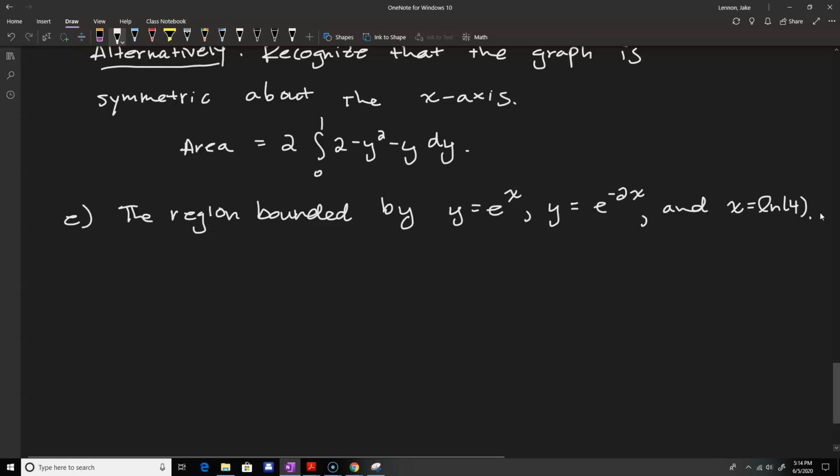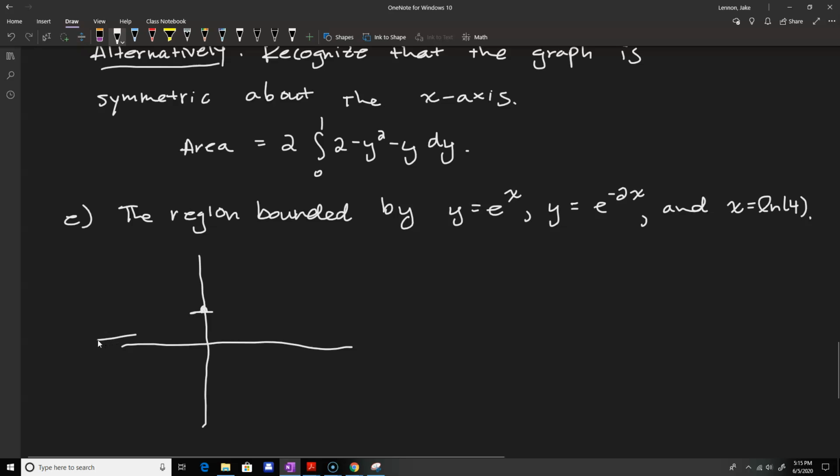So what do we have here? Well, we have two exponential functions, and we have a vertical line. X equals a number is a vertical line. So let's try to figure out what that would look like. Well, we know e to the x and e to the minus 2x are both going to have an intersection point at their y-intercept, which if you plug in 0 for x in either function, you're going to get 1. So they're both going to intersect here.